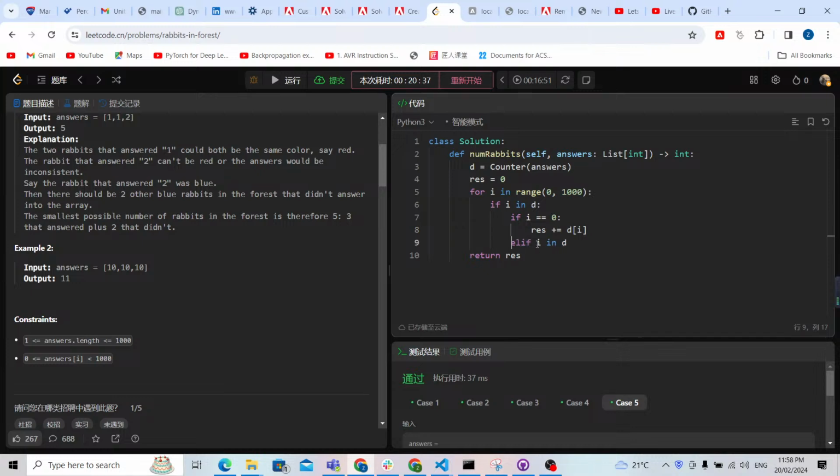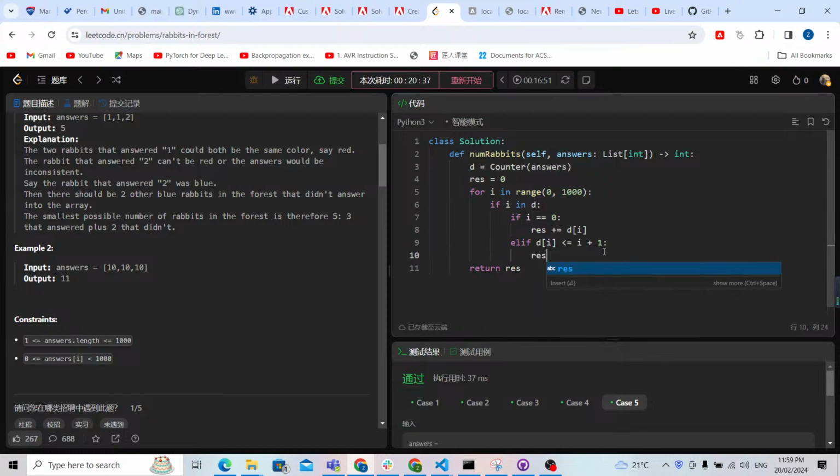So elif, this is i still in d, but I'm gonna check this di. If di, for example this d10 is 3, is less than or equal to i plus 1, which is 11, 3 is less than or equal to 11.